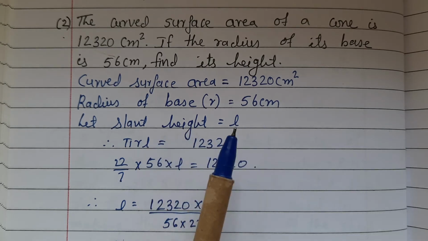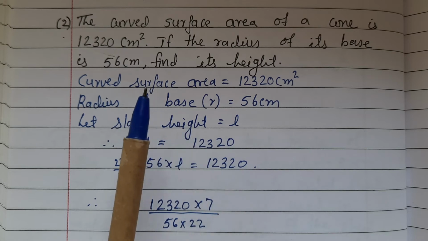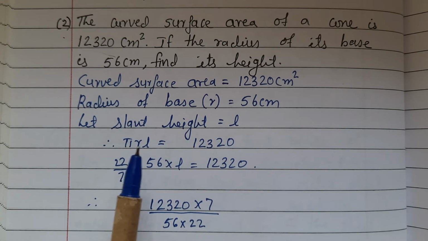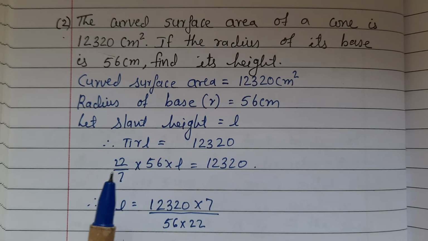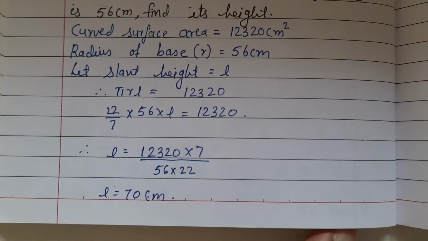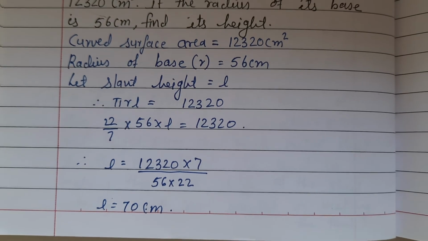Slant height equal to L. Therefore, curved surface area pi R L equal to 12,320. Substitute the value. 22 by 7 into 56 into L equal to 12,320. Therefore, L is equal to 12,320 into 7 upon 56 into 22. Therefore, L equal to 70 centimeter.